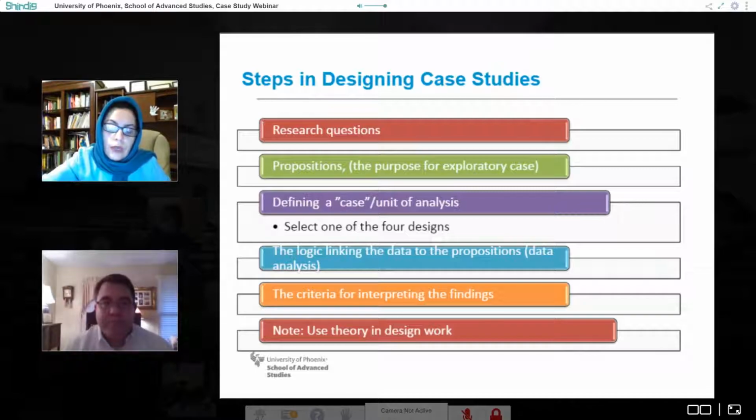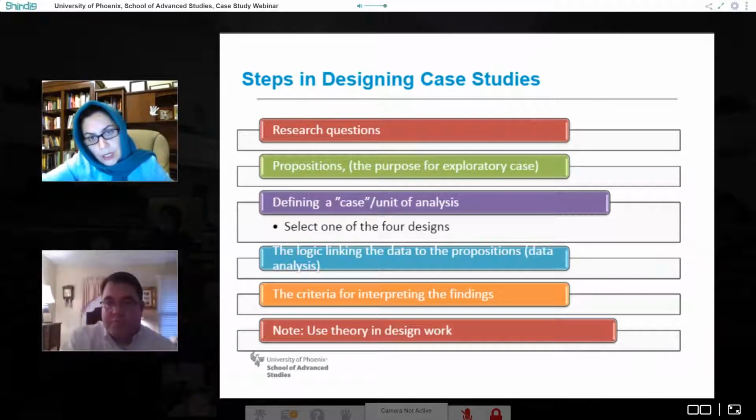So we are going to triangulate, and we put all of these together. We are not going to analyze these separately. The purpose is really looking at this case from different perspectives. Once we sit and analyze, we want to see whether all of these match or not.